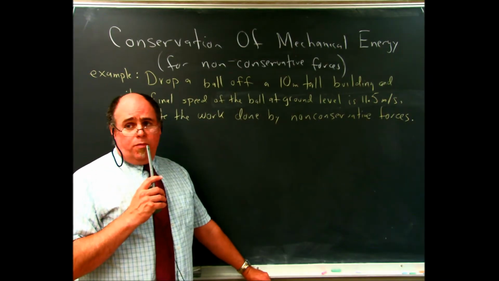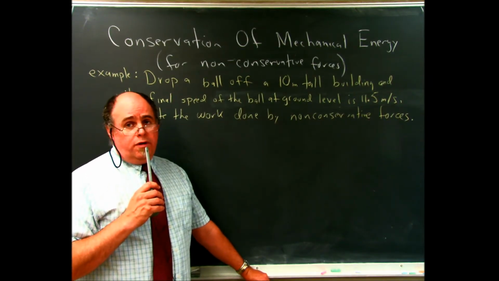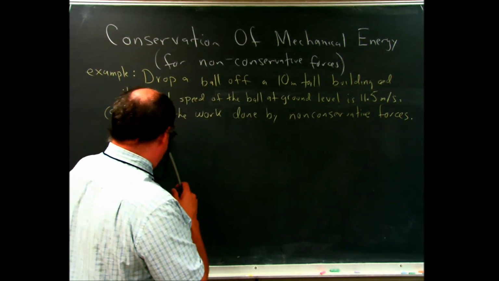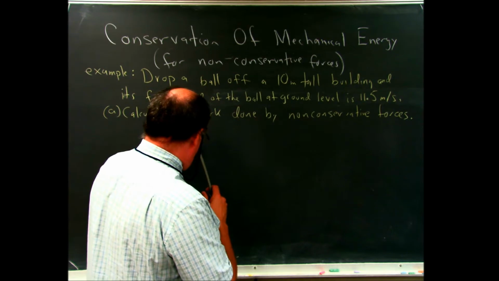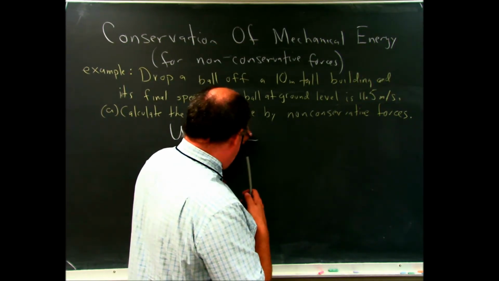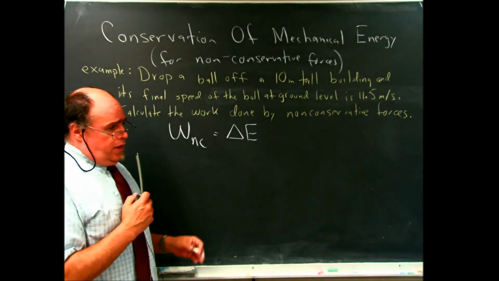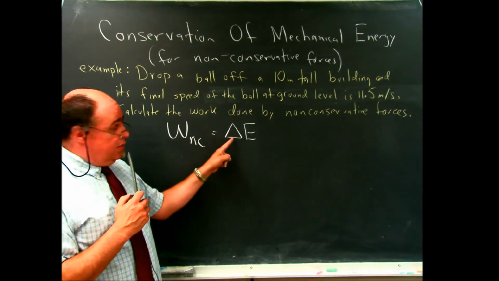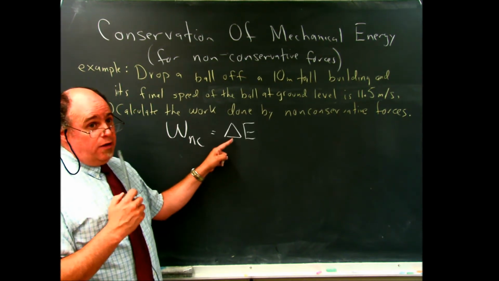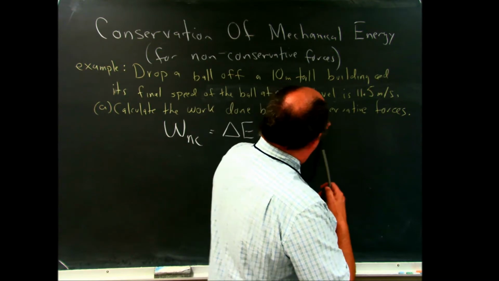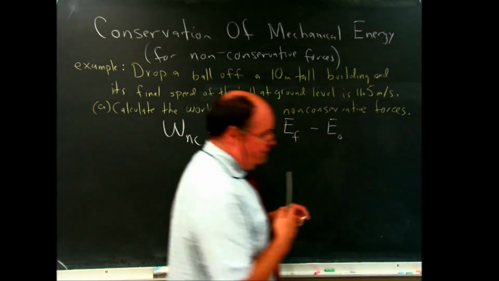If I use the formula for work being done by non-conservative forces, it looks like this. Work non-conservative equals delta E. I have to expand it. Delta means the change, which always means the final minus the initial. So this would be the energy final minus the energy initial.